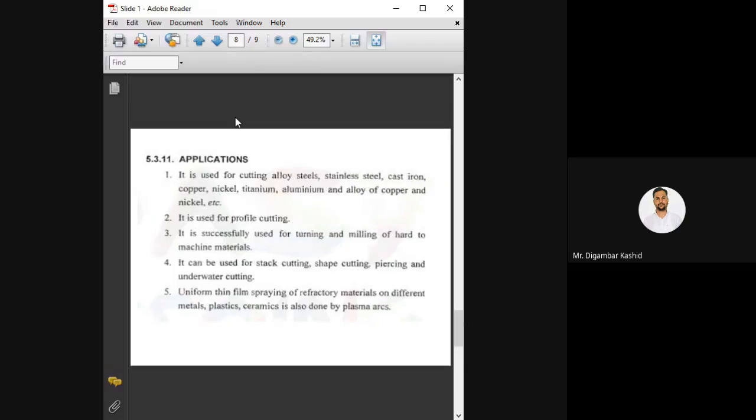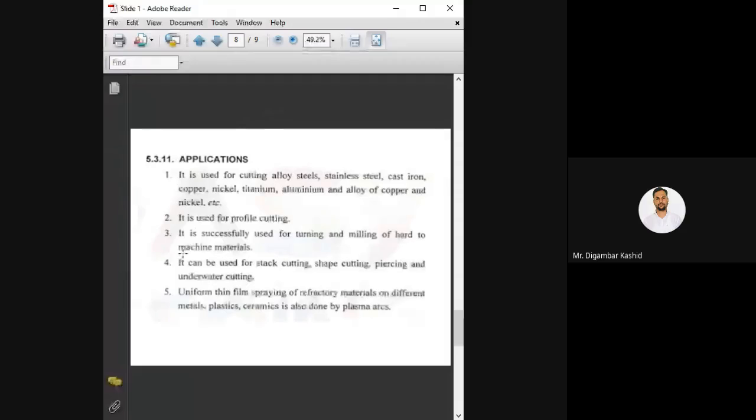Due to that, here I have mentioned that you can go for underwater cutting also, with tapered or inclined cutting.